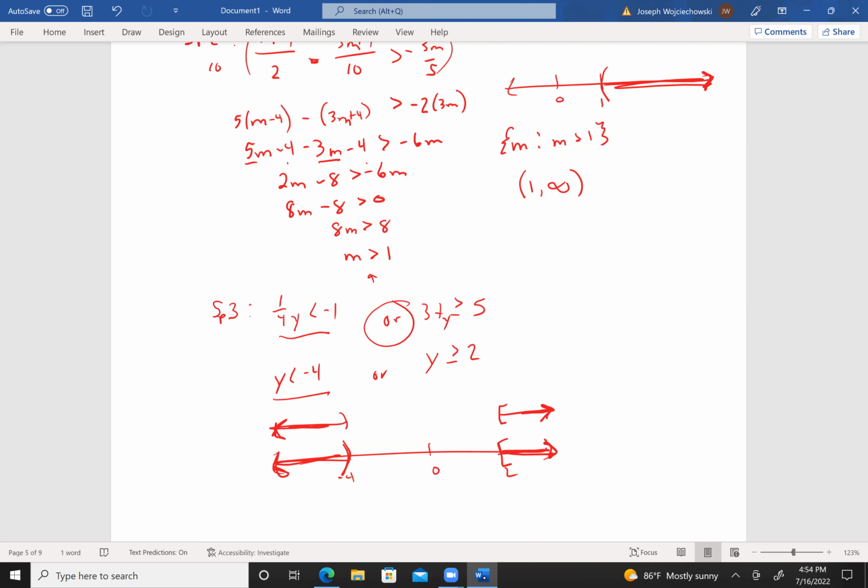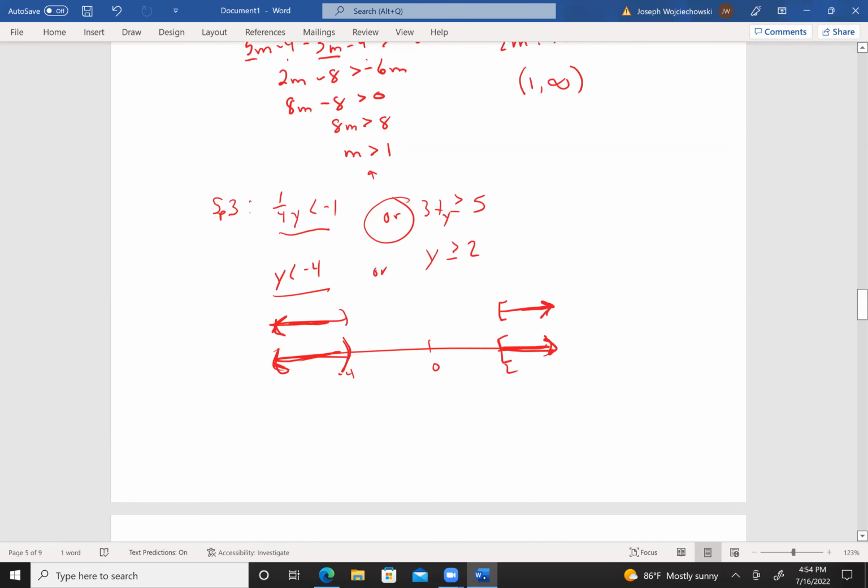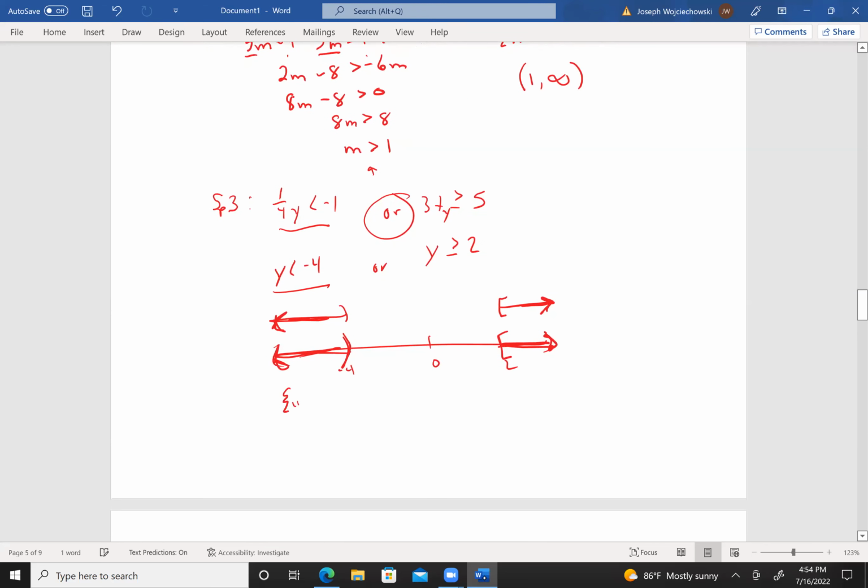And we could write this in set builder: the set of all y such that y is less than negative 4 or y is greater than or equal to 2. We could do interval: negative infinity to negative 4 union with 2 to infinity.